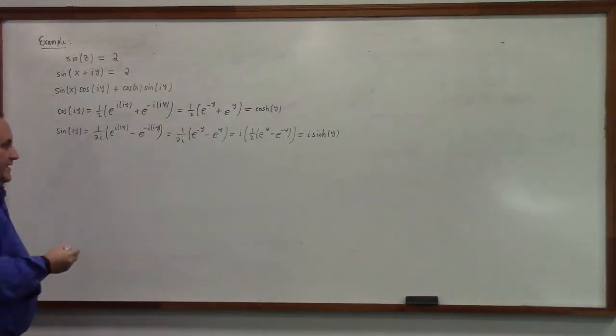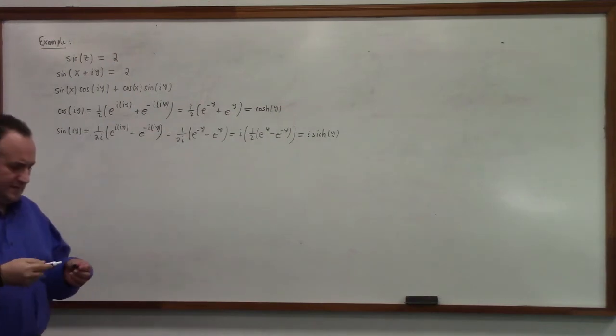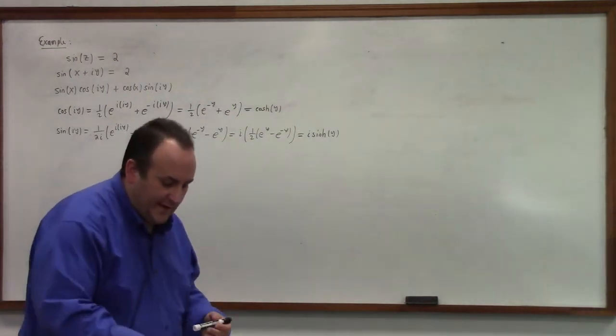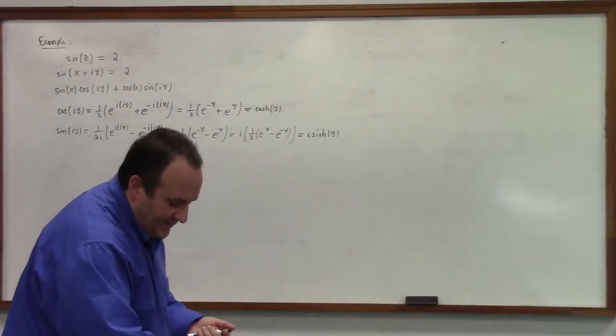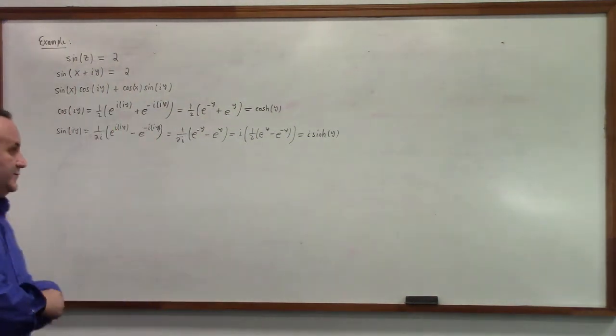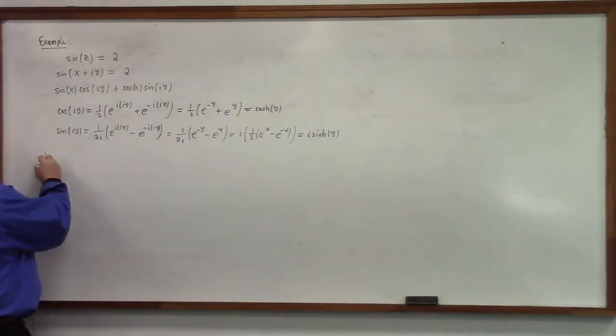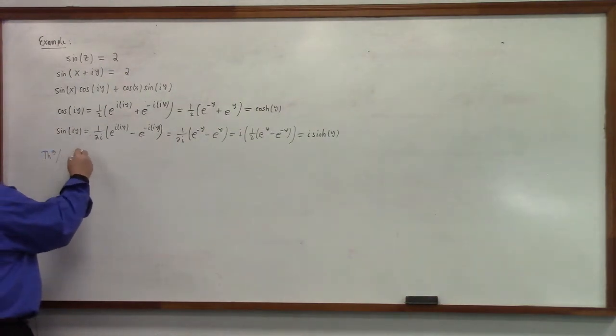Right? And while I have just done these calculations for real y in both of these, it is worth noting that we have a theorem. This is worth knowing for future reference.